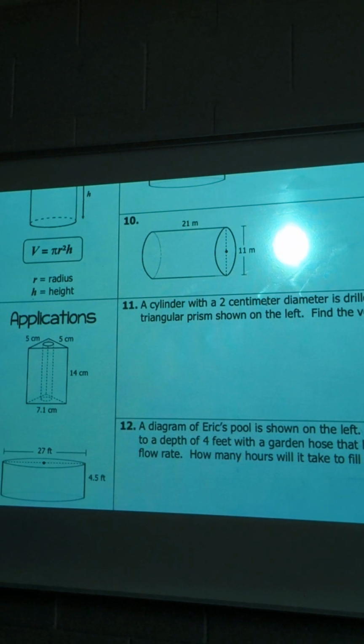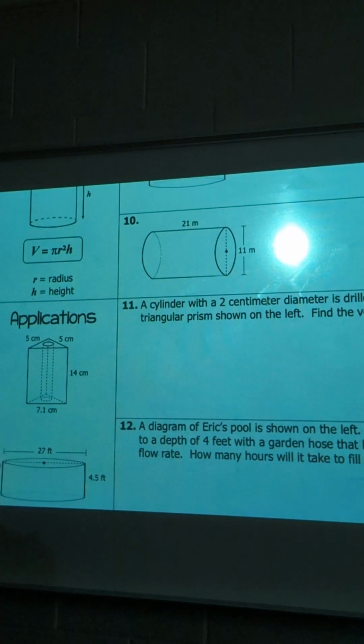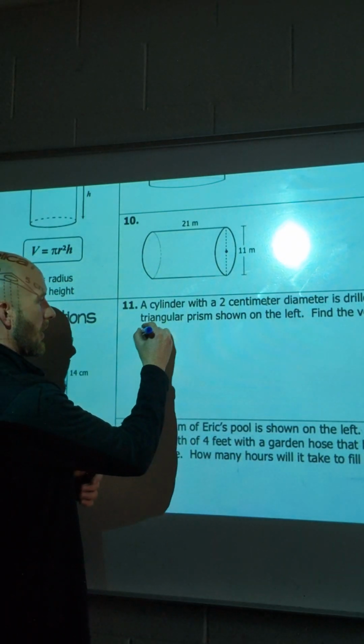So, like, what's left over is basically what it's asking. I don't really care which one you find first, but I'm going to have to find the volume of the triangular prism and the volume of the cylinder, and then just subtract them. So let's do the triangular prism.